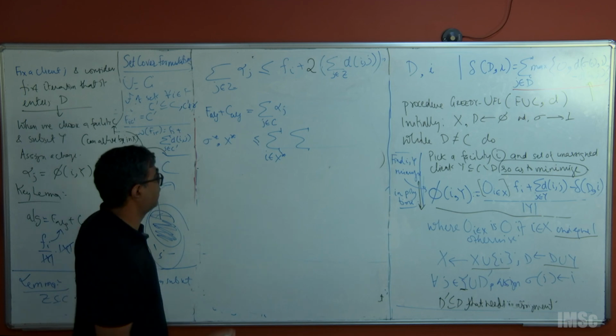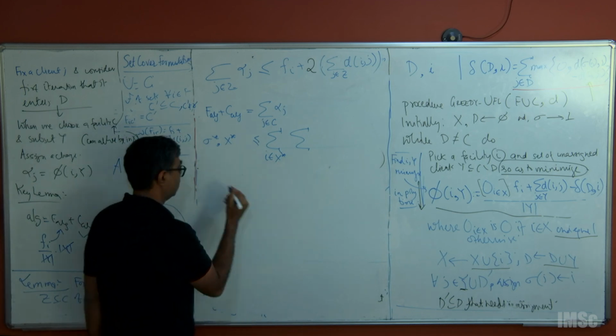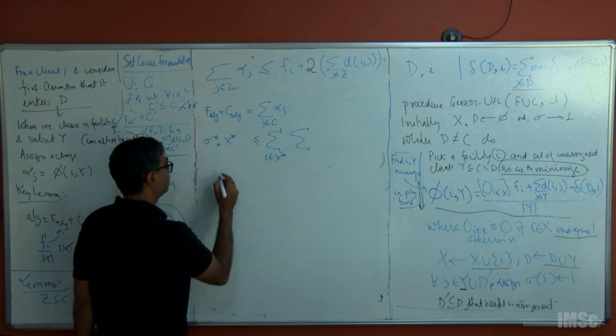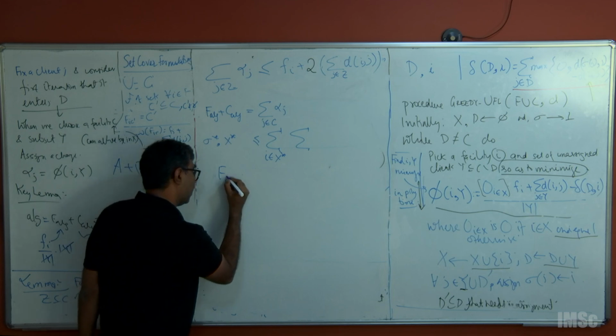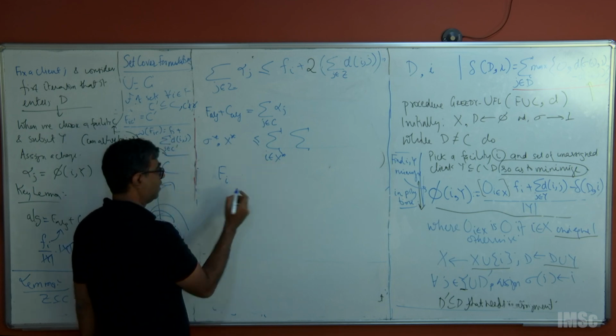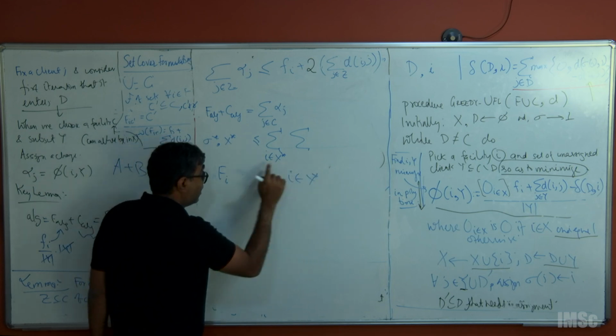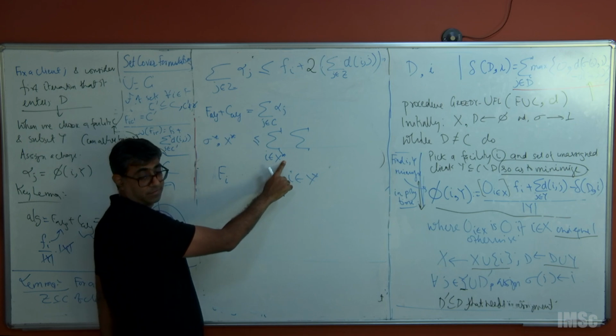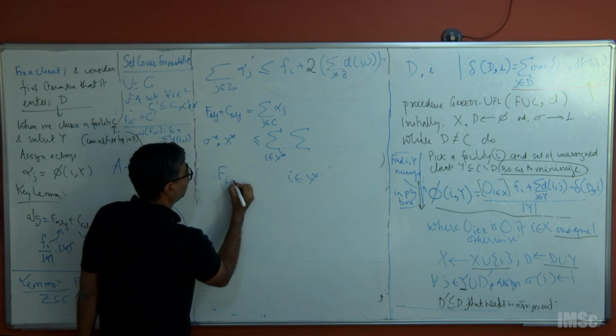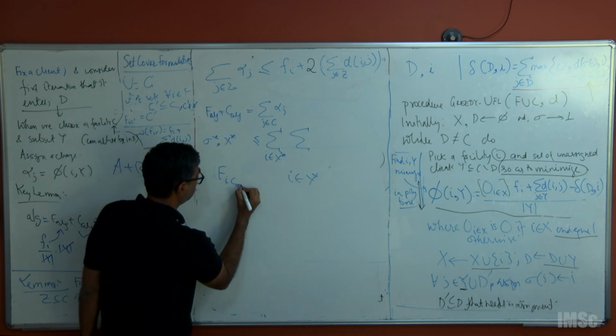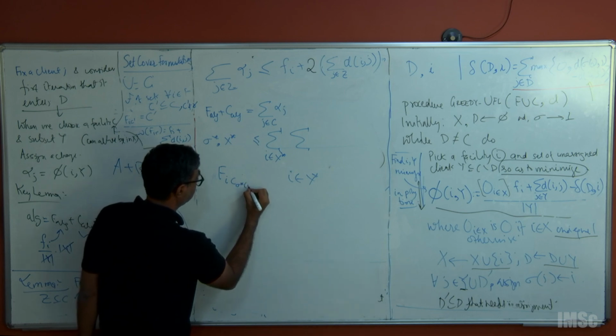What is my particular set? I said pick up I in x star, pick up facility I, and the set of elements that it covers by sigma star. So this is C, sigma star inverse of I.